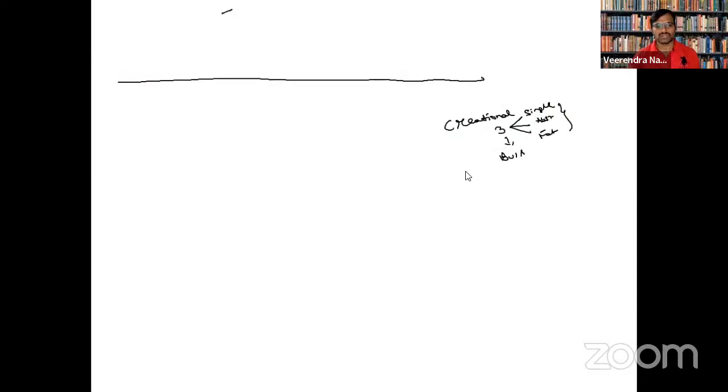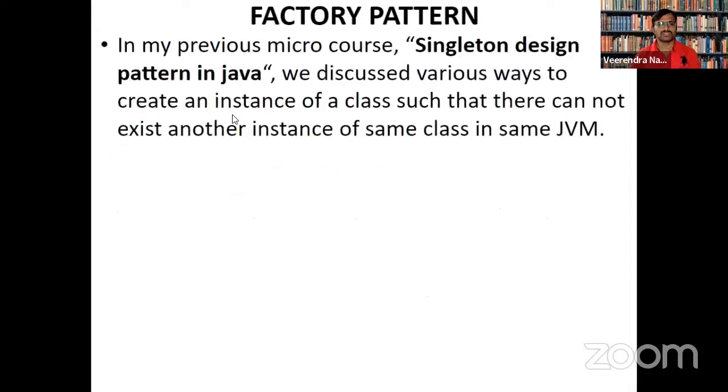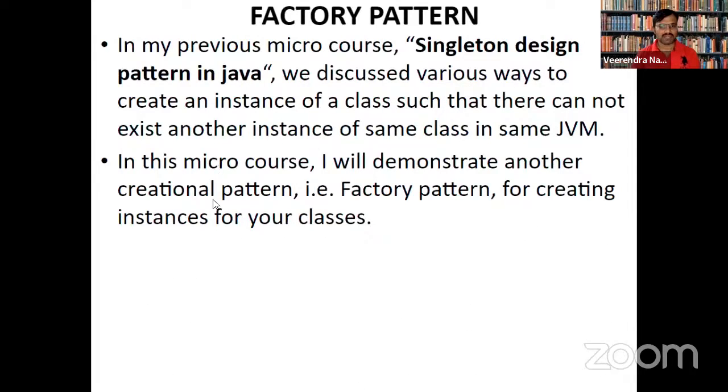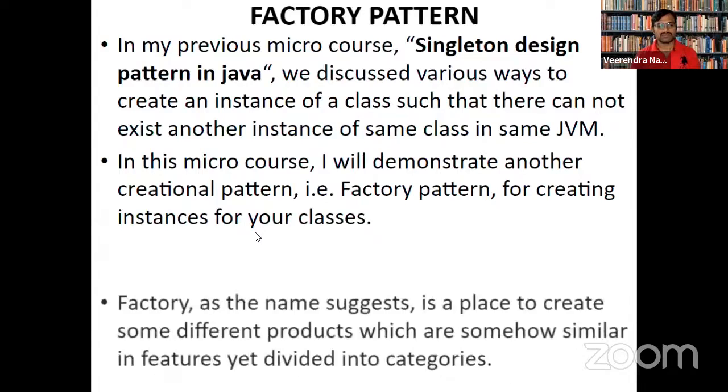To end, let me review all the things that we discussed up to now, to give you a clear picture of what our discussion was all about. Our discussion was all about the factory pattern. What was the factory pattern? It is a design pattern used for creating instances of our classes.